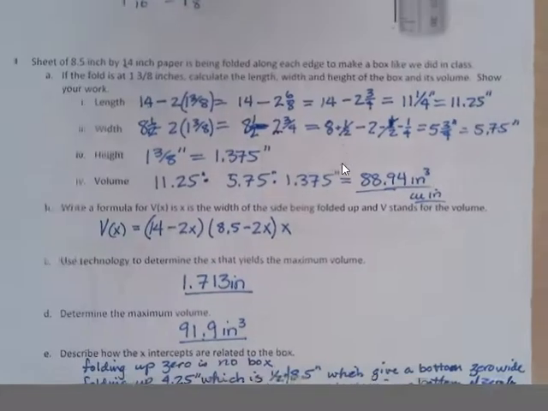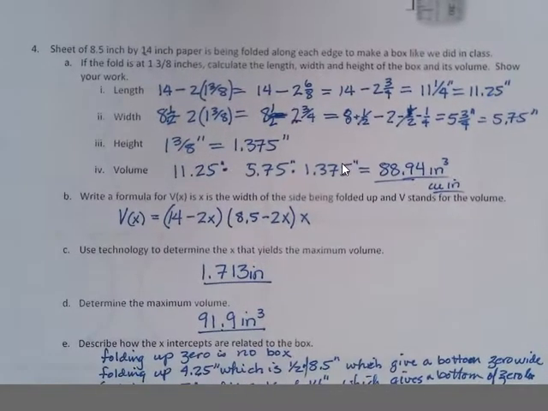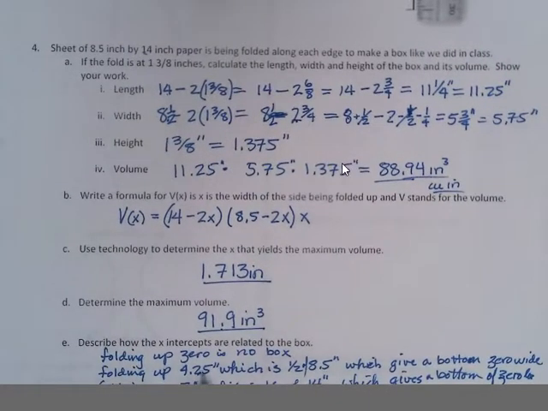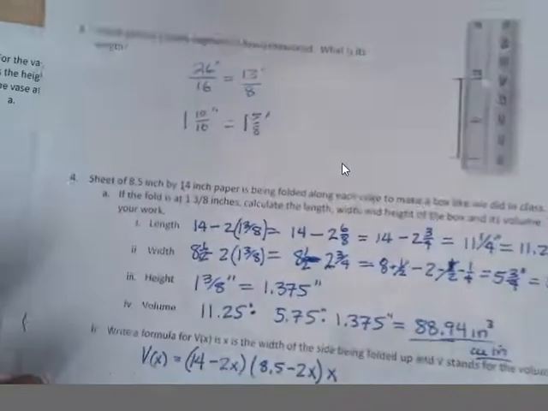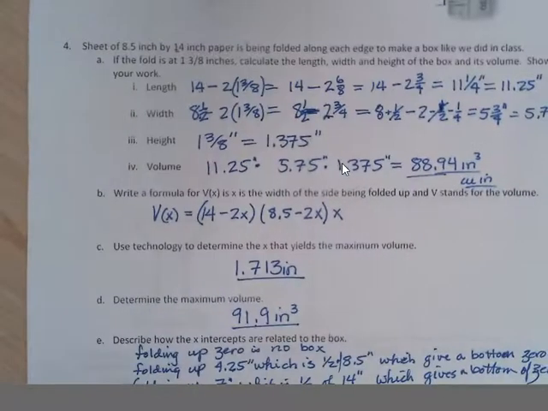Okay, so you don't want to fold it more than 4.25 because that makes 0 bottom. You can go more than 4.25 in this direction, but you can't for this direction. So what you fold up has to be somewhere between 0 and 4.25, or 4 1/4.